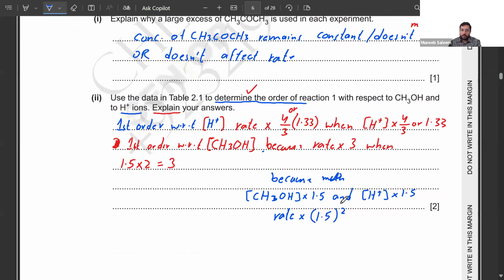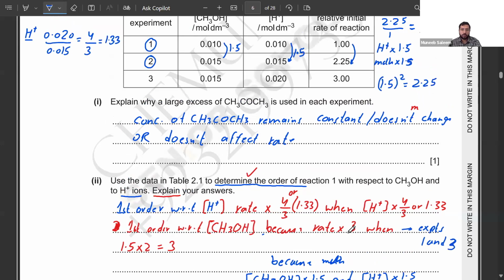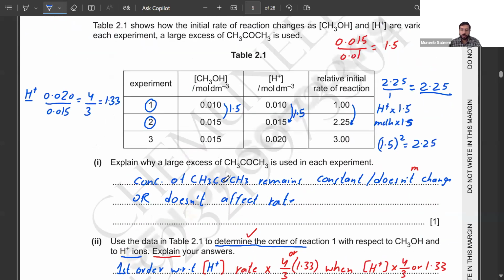That's how you get it, but you have to refer to the experiments: this is experiments 1 and 2, and the other is 1 and 3. So you have to give reference to which experiments you are referring to. So that's how you get the answer.